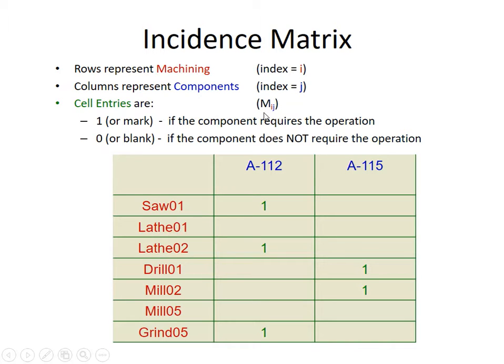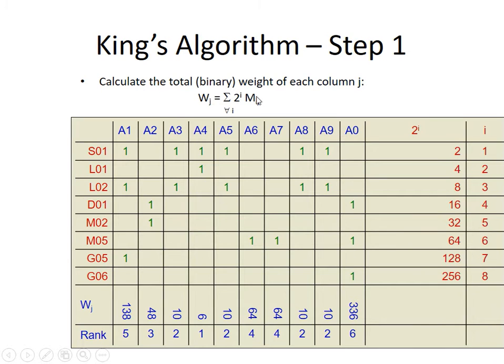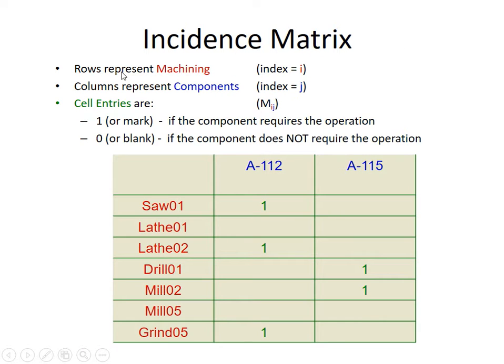This incidence matrix is very important for calculating the King's algorithm. So here you can see the calculate total binary weight. This is a formula for that. Here we are nothing doing but sorting out, we are giving the index value of I, which we already saw represents the row for machining operation or machines.